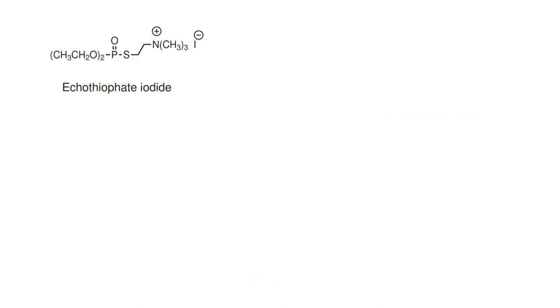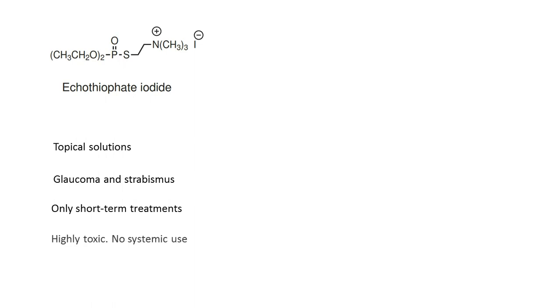So here we have a couple of agents. We have ecothiopate iodide. This is a highly polar, water soluble solution. Topical solutions are used for treating glaucoma and strabismus, and it's only for short-term treatment. We cannot use it for long term, and it is highly toxic, so it is not at all used for systemic application.